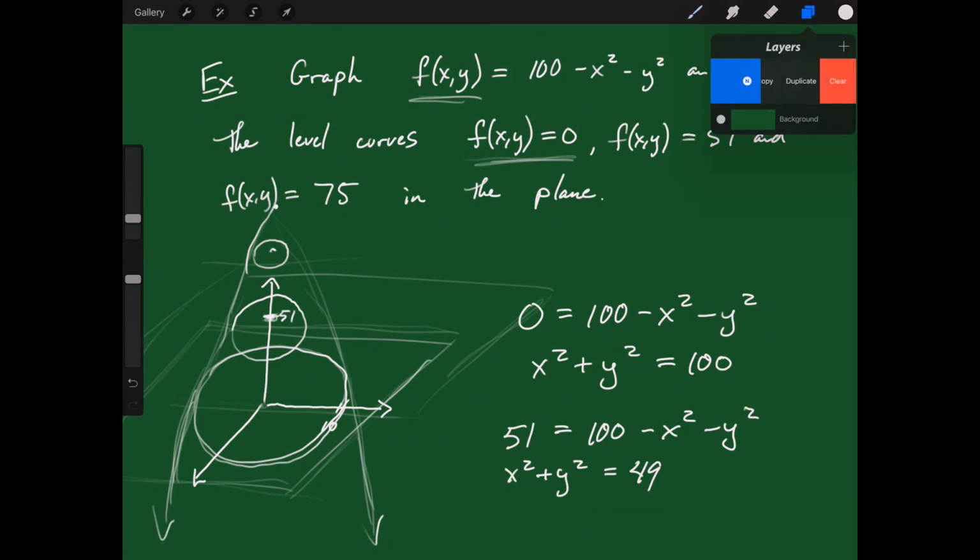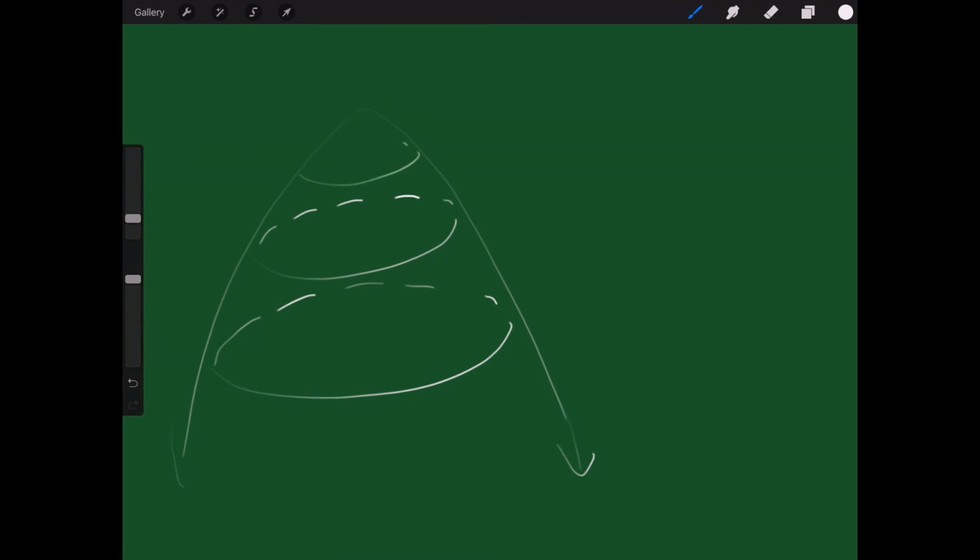So if I were to actually think about what this thing looks like, it probably looks something like where all the cross sections are circles. And that's what that surface would look like. So by looking at the level curves of the surface, looking at cross sections, I can get a feel for what the entire surface looks like. Okay.